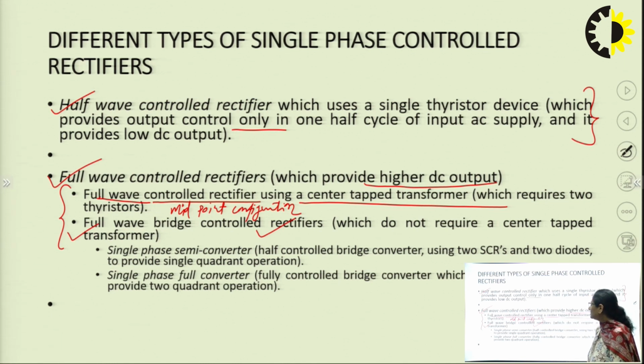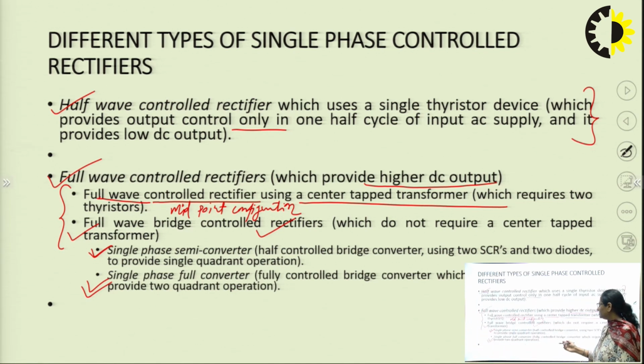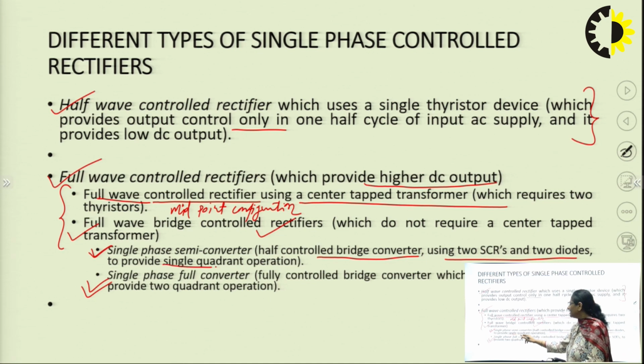The full bridge converter configuration may be a single phase semi converter or a single phase full converter. The single phase semi converter is actually a half control bridge converter using 2 SCRs and 2 diodes.